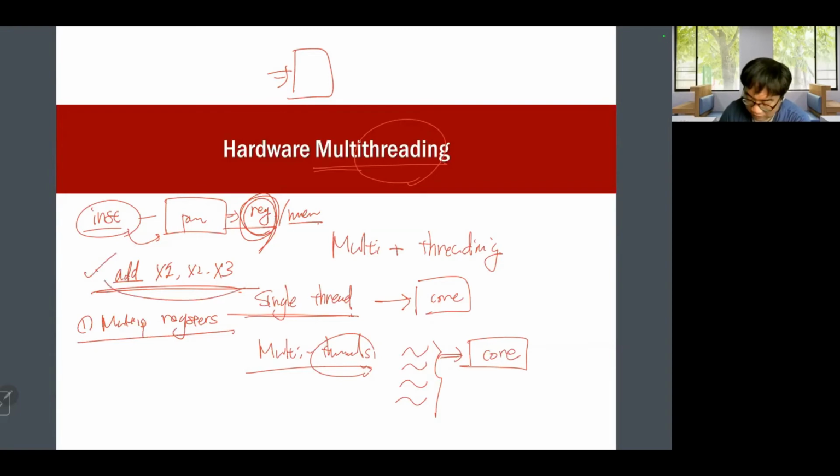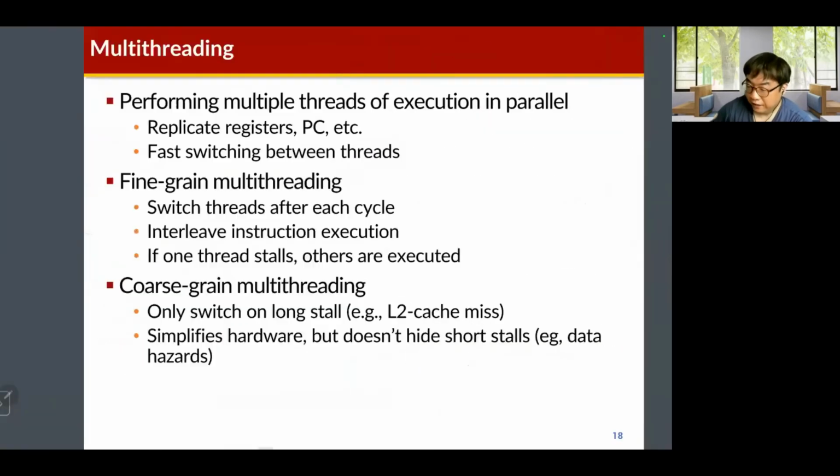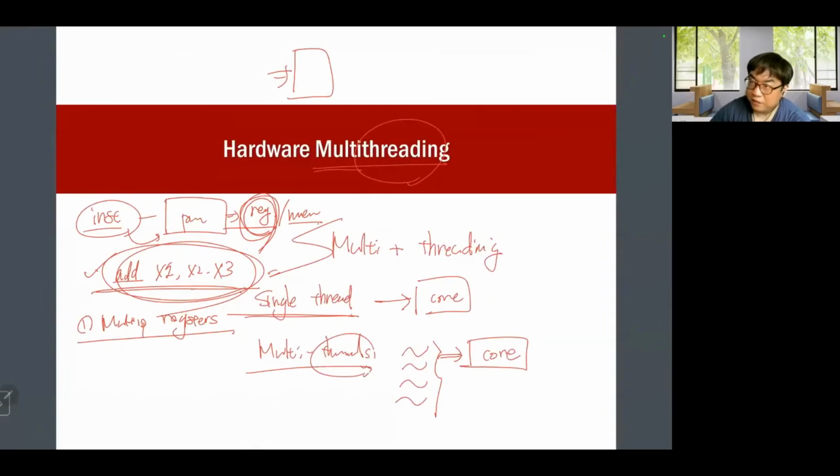Because when an instruction is executed, the result of this instruction is stored in the register file, and the register file is managed by the compiler. Okay. So actually, modern processors have enough processing units.